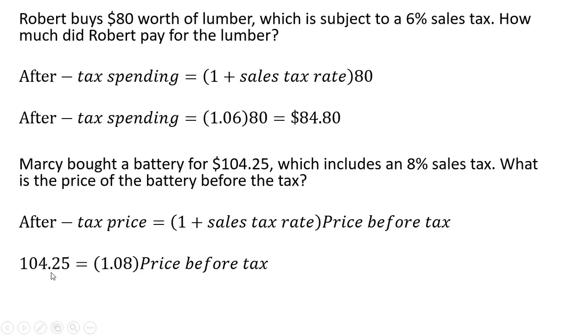So plugging in what we know, in parentheses we're going to have 1.08. We know the after-tax price. What is the before-tax price? So just dividing through here by 1.08, 104.25 divided by 1.08 means the price before tax is $96.53.